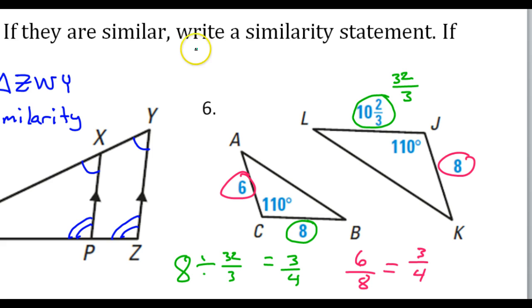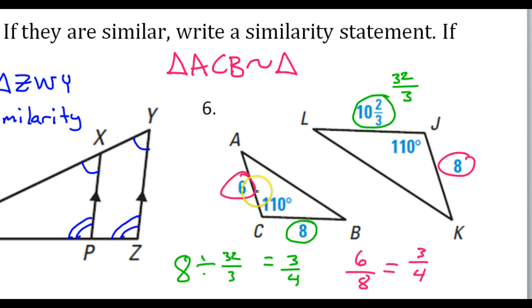So let's go ahead and make our statement. Be careful how you do your letters. I'm going to do ACB just to make it easier to match up. So I'm going to say triangle ACB is similar to triangle.